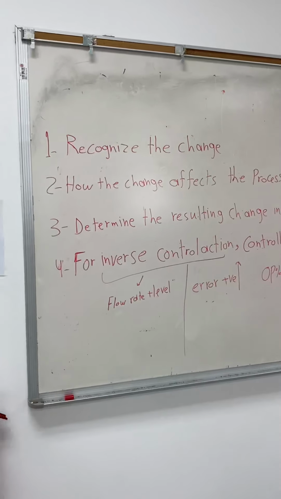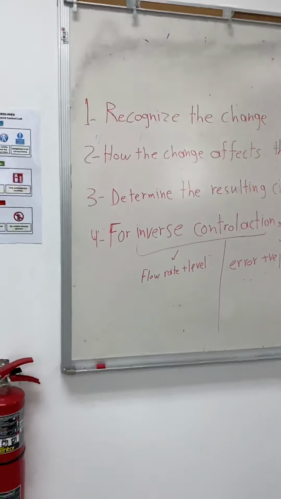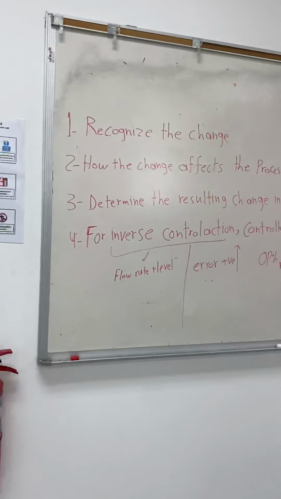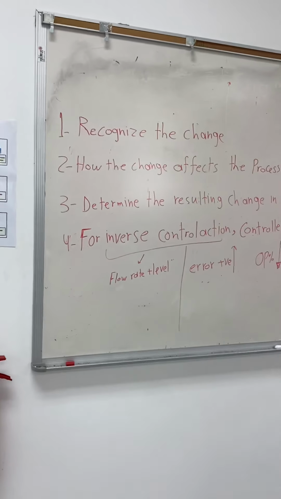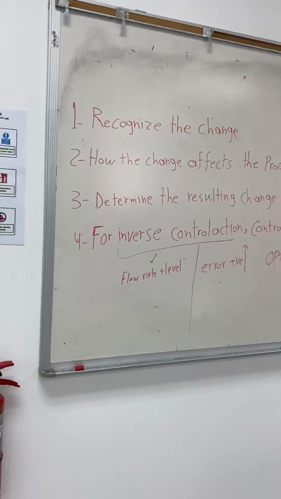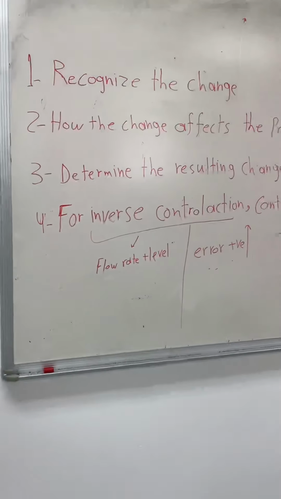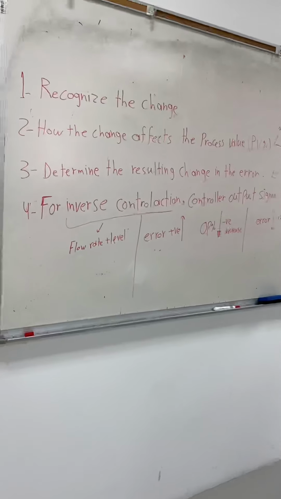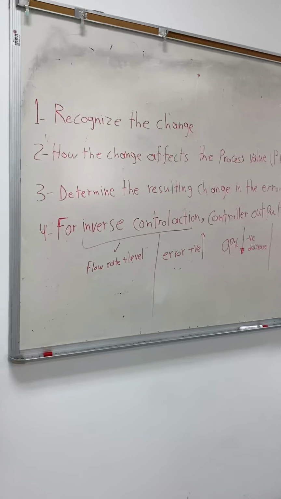Okay? So basically, if there is a valve that has been open and it was closed, we need to know where this valve is located on the process. If there is a pump that was running and due to some reasons has stopped, then we need to know where this pump is located on the process.